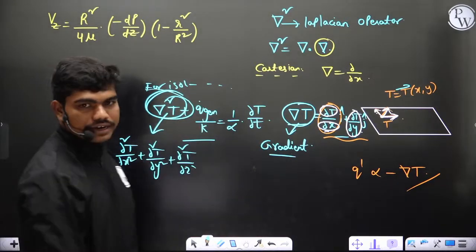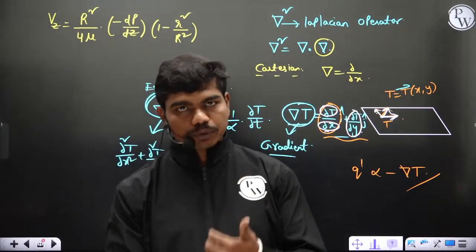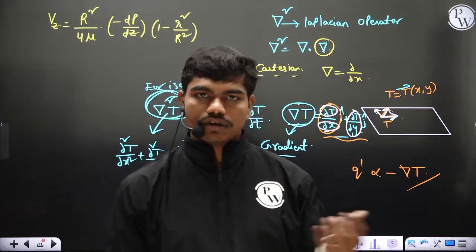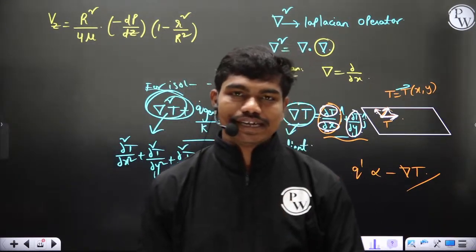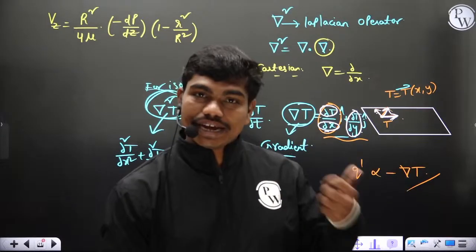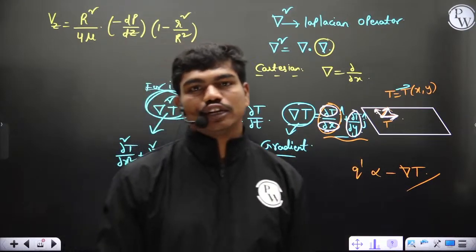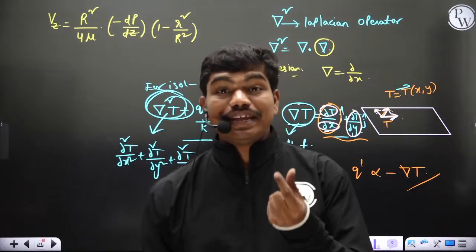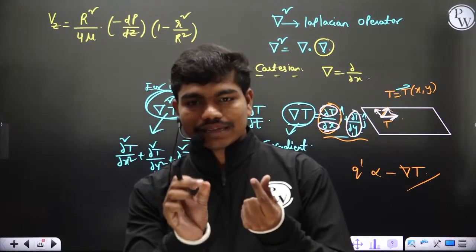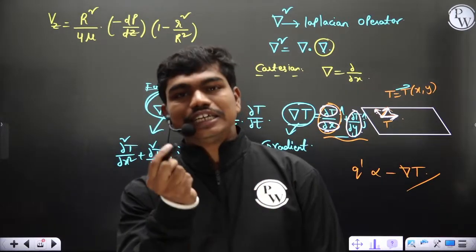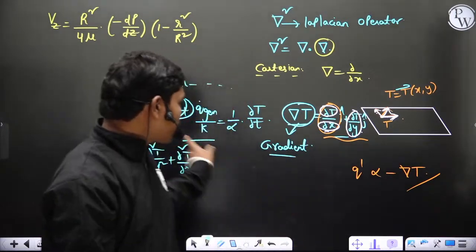This equation can be derived using Reynolds transport theorem, because transport phenomena can be used for the transport of any property in any fluid, like it can be flow, it can be heat, anything. This equation can be derived in 2 steps using Reynolds transport theorem. If you take your capital B as energy, then small b is nothing but total energy per unit mass, which is internal energy. So if you do, you can actually calculate this.